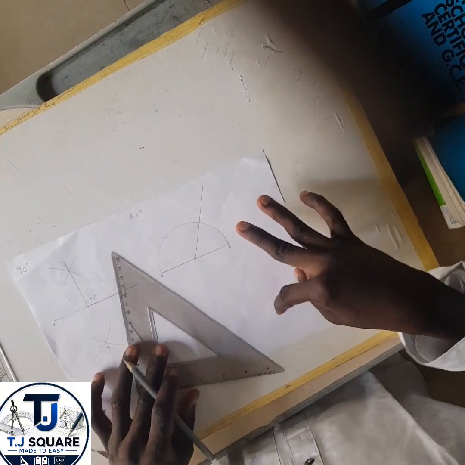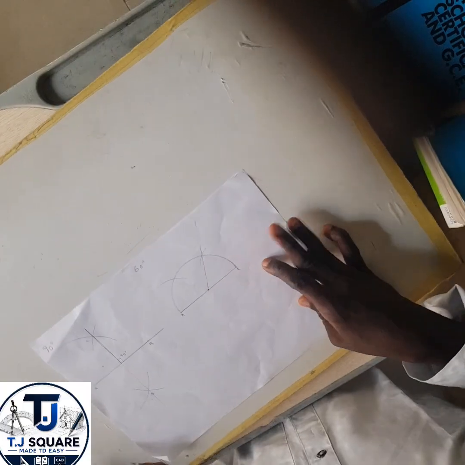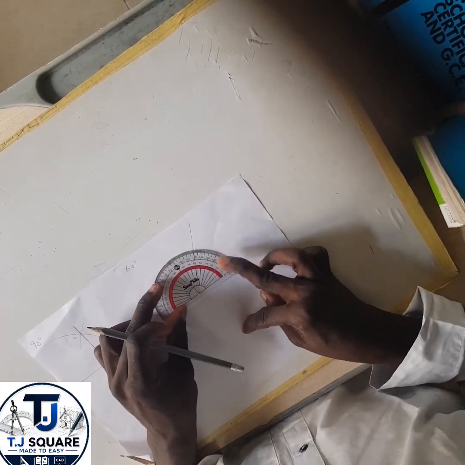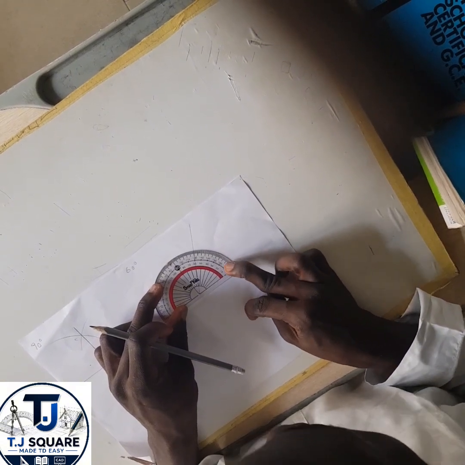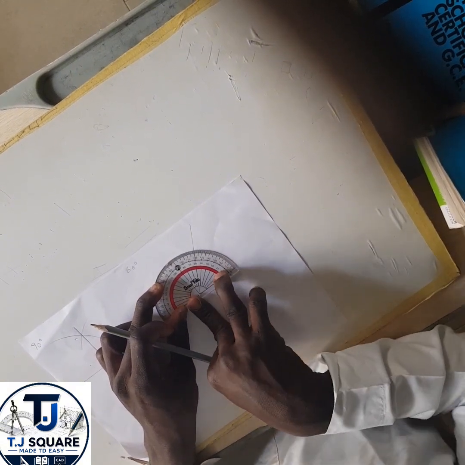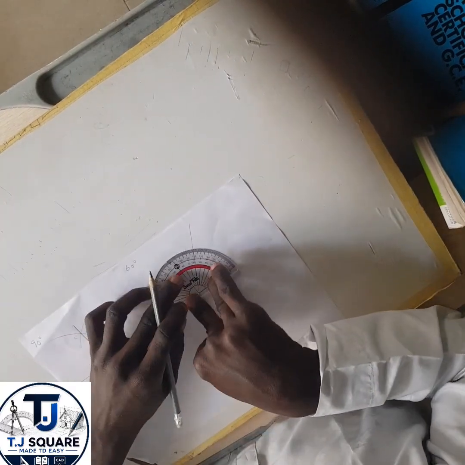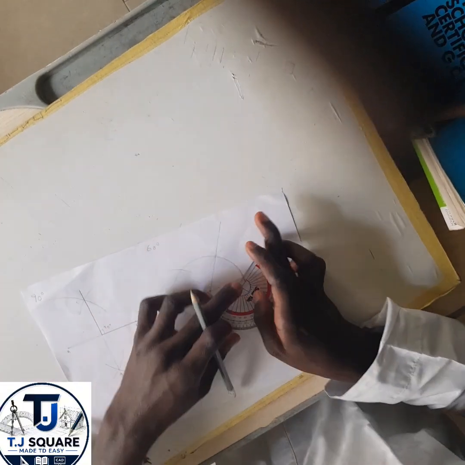So this is what? 60 degrees. And let's confirm it. As I have said before, placing this here, you see it's exactly what? 60 degree. You see it here, exactly what? 60 degree. So that is how to construct 60 degree.